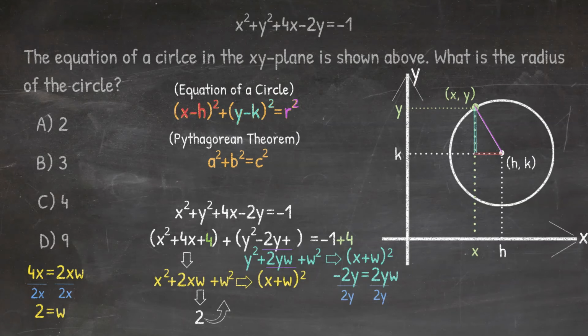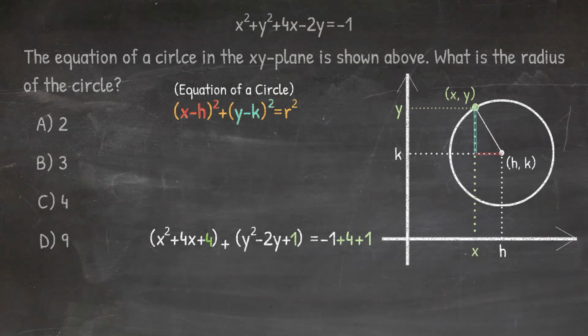And as a result, we get w equals minus 1. So to create the w squared, we would need to square minus 1. Minus 1 squared equals 1. So let's add 1 inside the brackets. And of course, we need to balance the equation and add 1 on the opposite side as well.